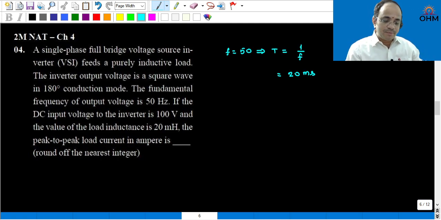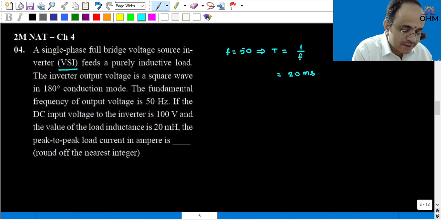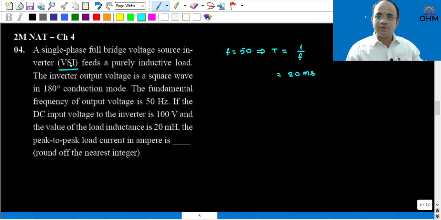If the DC input voltage to the inverter is 100 volt and the value of load inductance is 20 millihenry, what is the peak to peak load current in ampere? Now, two things you need to understand here. Given circuit is voltage source inverter and the given load is purely inductive load.